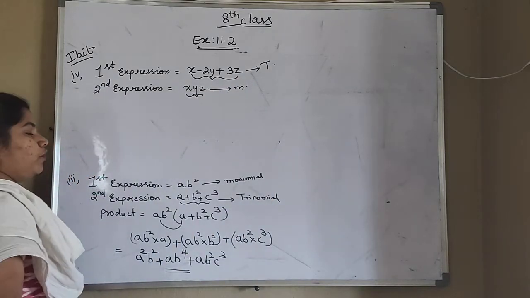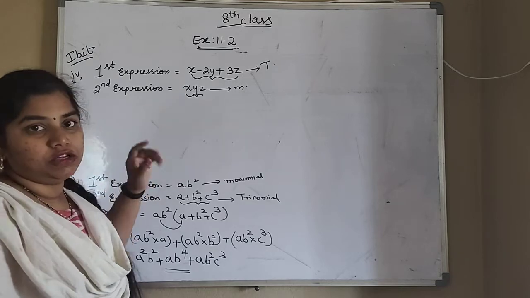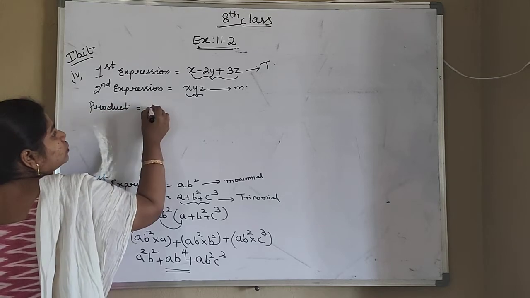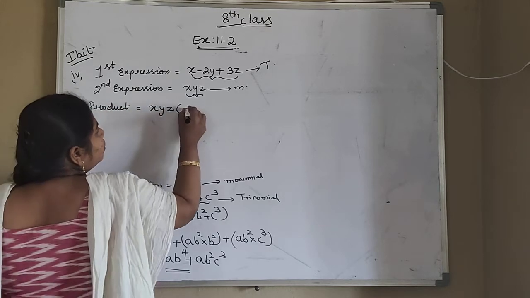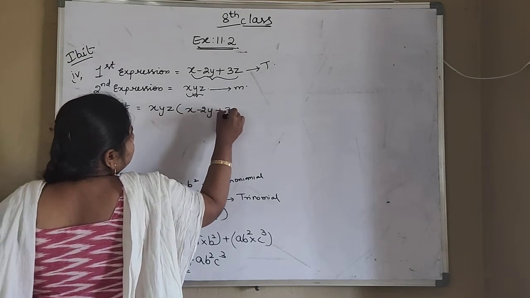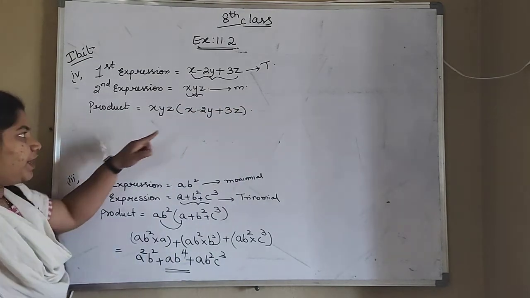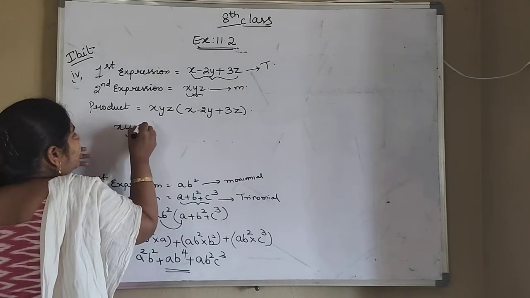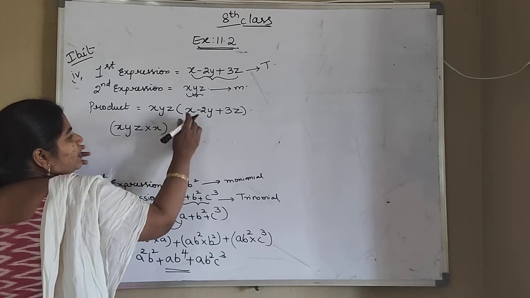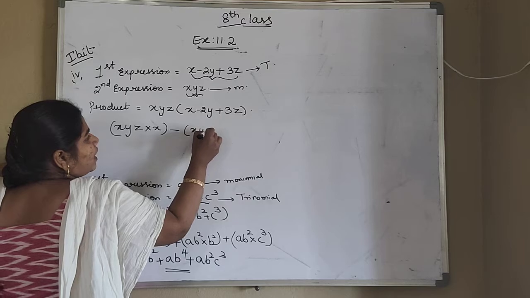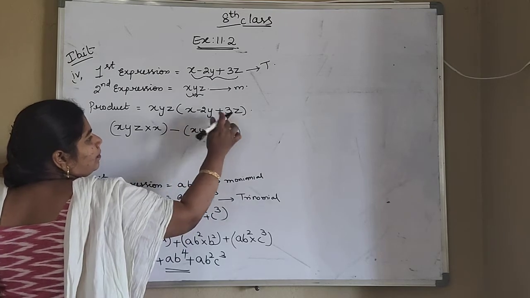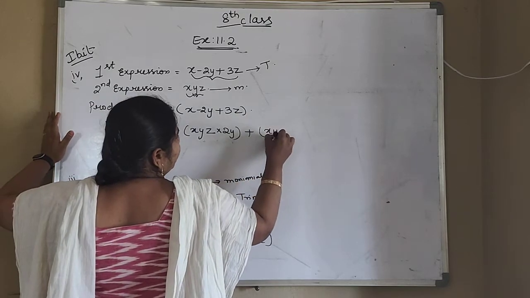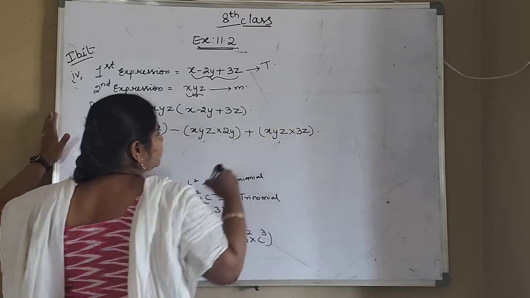So we are doing multiplication of monomial to trinomial. So product is equal to xyz into x minus 2y plus 3z. So each and every term should be multiplied with xyz here. So xyz into x, here minus is there, so minus, again xyz into 2y, plus, again we have to multiply this xyz with 3z. So xyz into 3z.